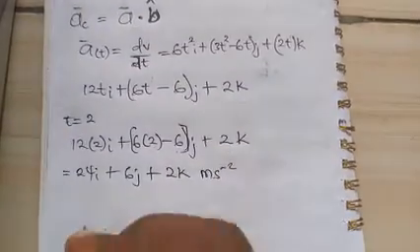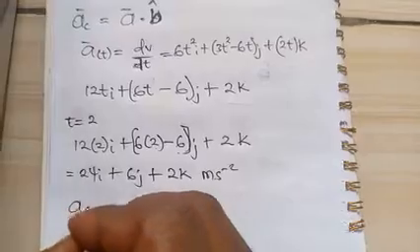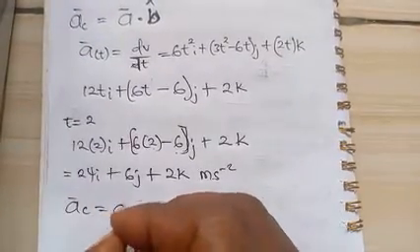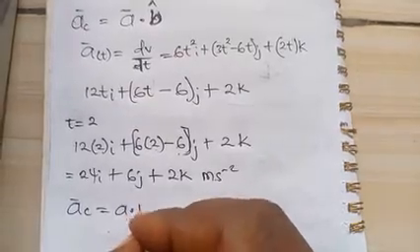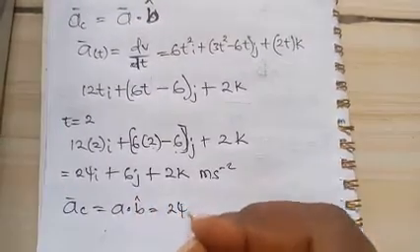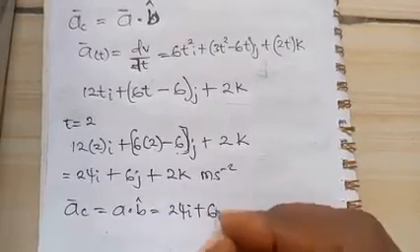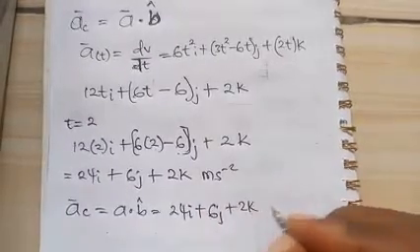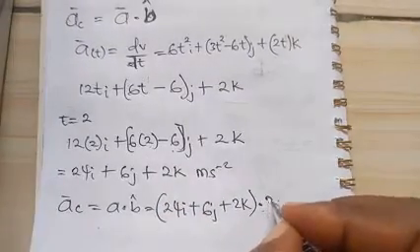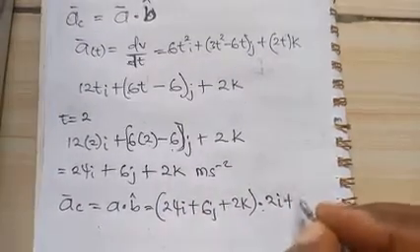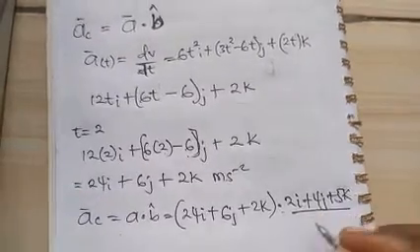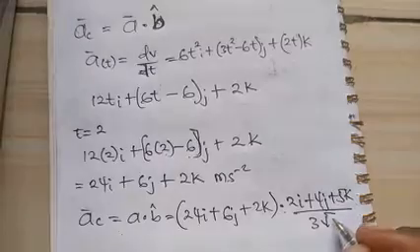But the acceleration component is giving us the acceleration itself dot the unit vector, which is 24i plus 6j plus 2k dot the unit vector, sorry, 2i plus 4j plus 5k over 3 root 5.